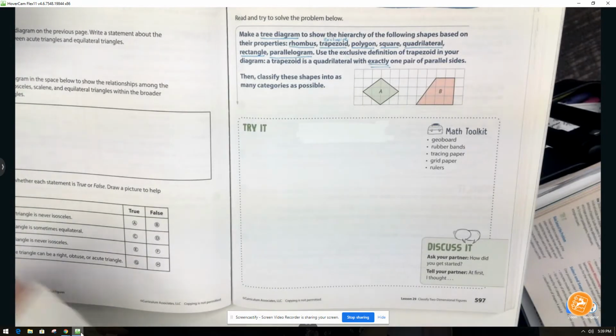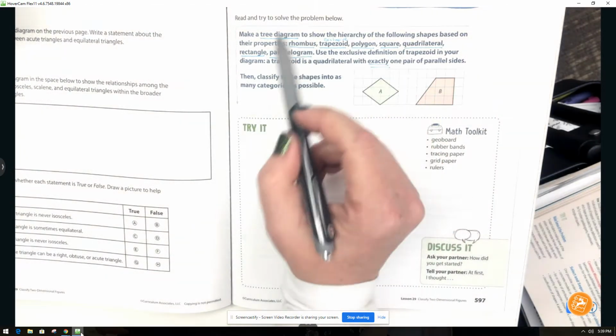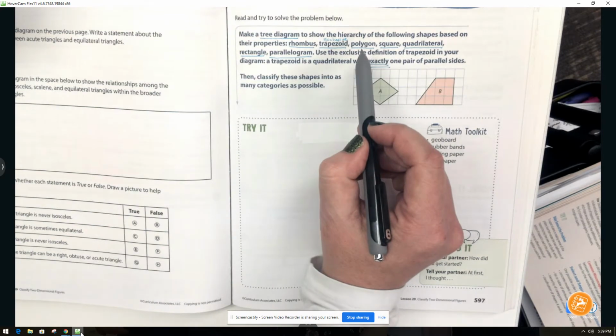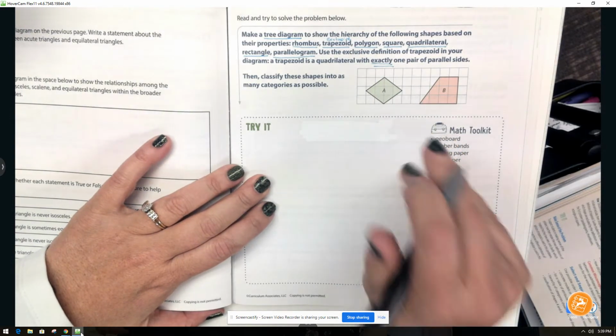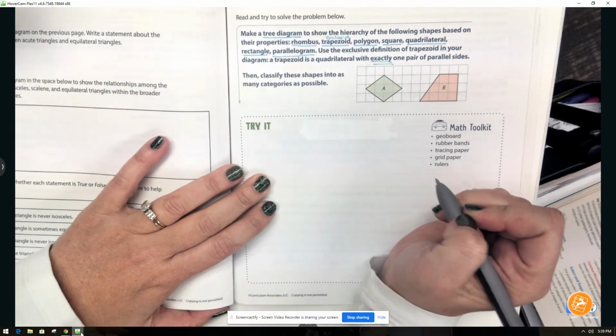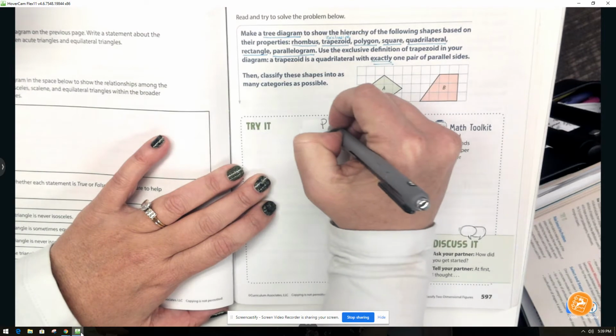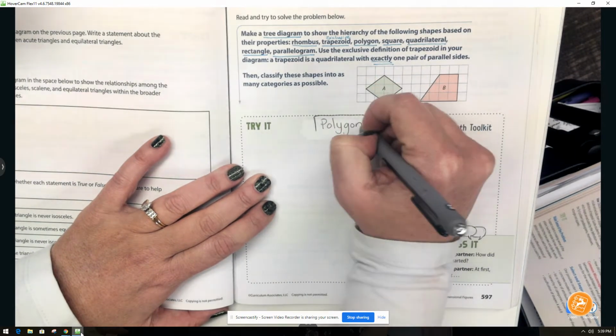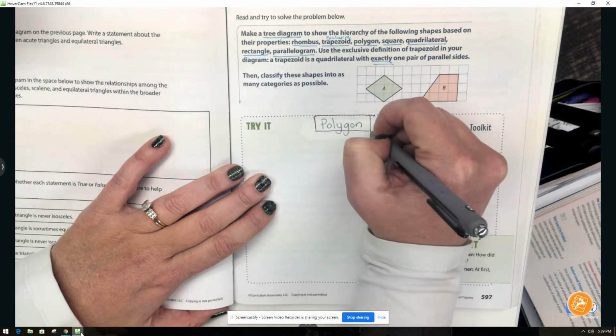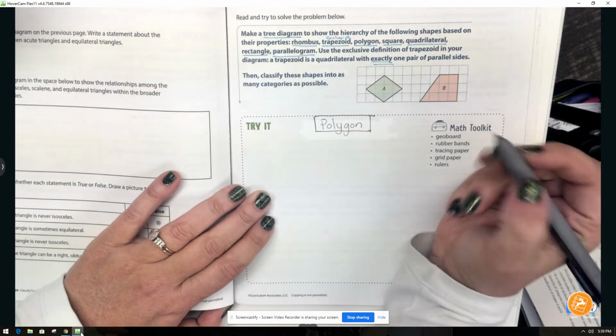Many of you may have already caught my mistake, but when I looked up here, I saw this word right here, polygon, that I didn't recognize was there. Remember, a polygon is any shape with 3 or more sides. So a polygon is actually even more general than a quadrilateral, because a polygon only has to have 3 sides.